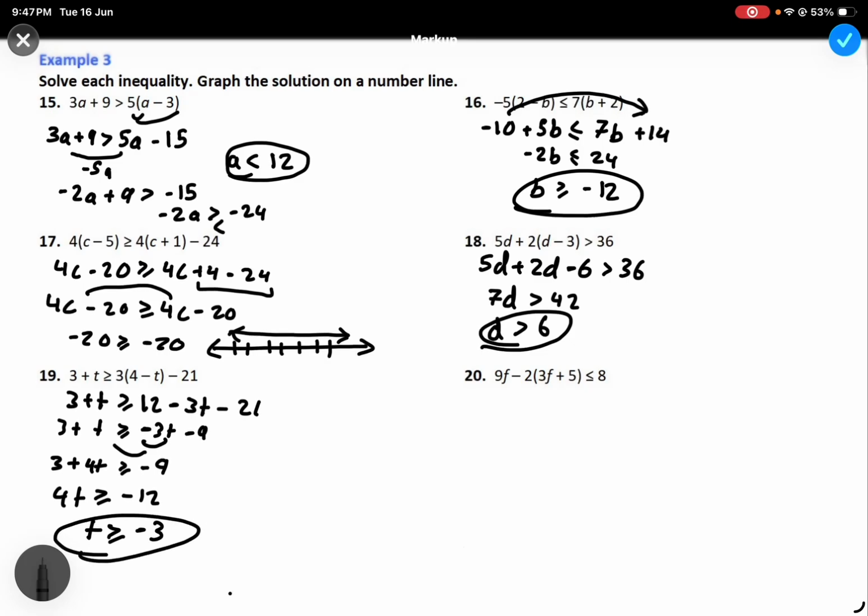Yep. Last question, we're going to do this simply. 9f minus, and then we distribute. Negative 2 times 3f is minus 6f. And then minus 2 times 5 is minus 10. Is less than or equal to 8.